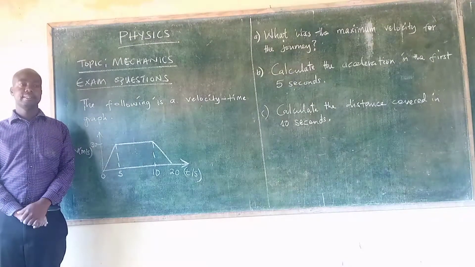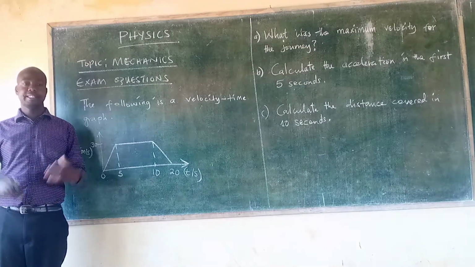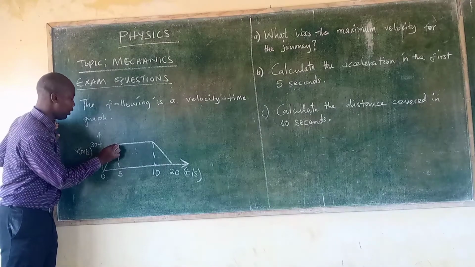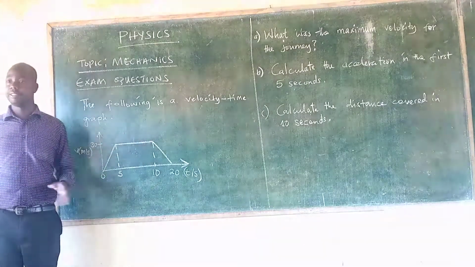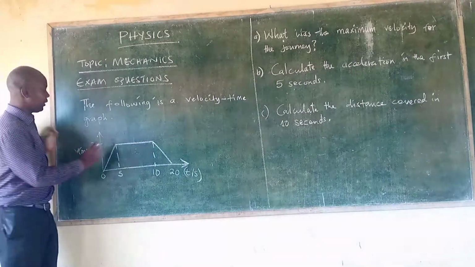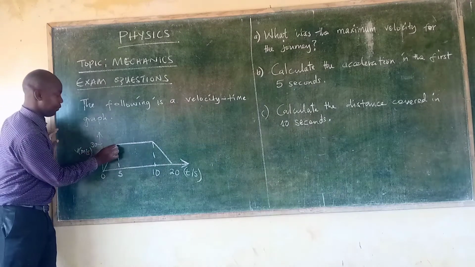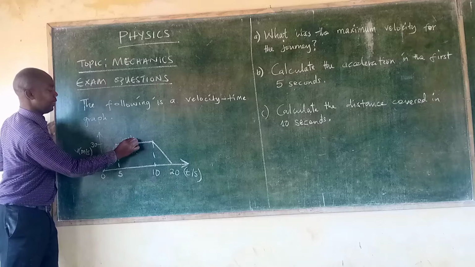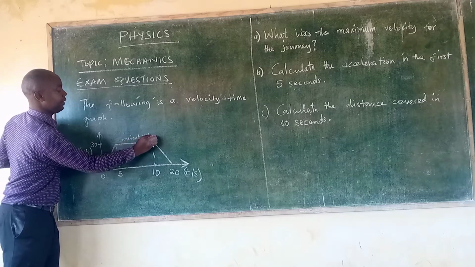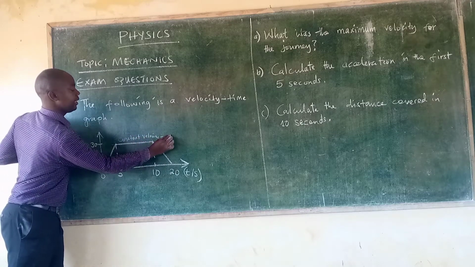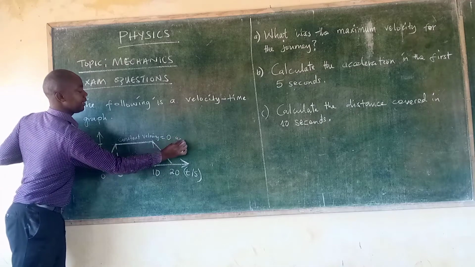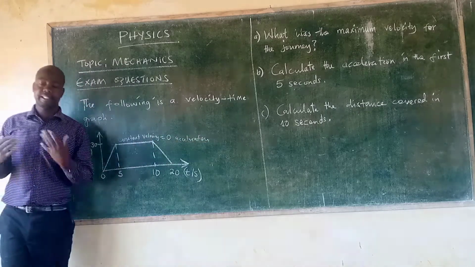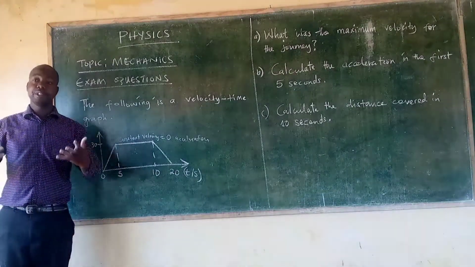The acceleration is 0. Very good. Or we can say that the velocity is constant. It's not changing. If the velocity is constant, it means there is 0 acceleration, because acceleration is the rate of change of velocity.